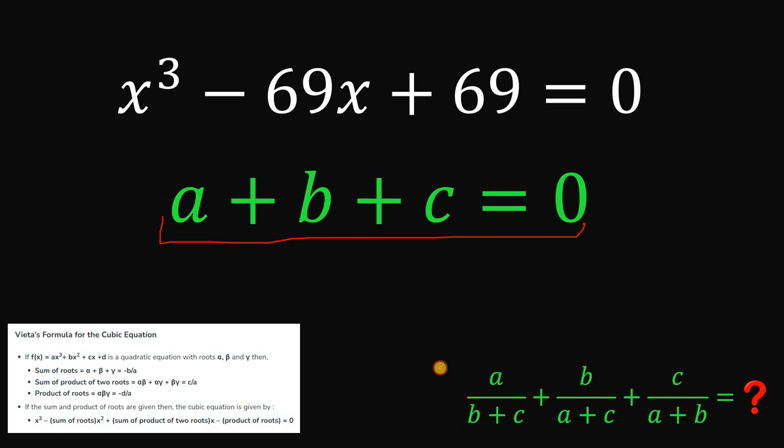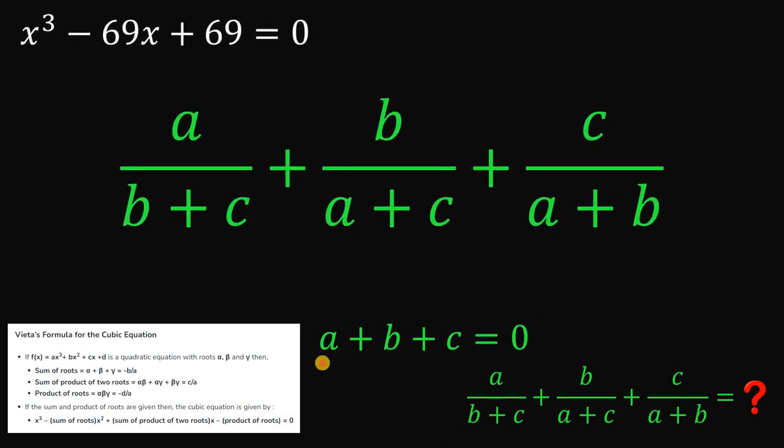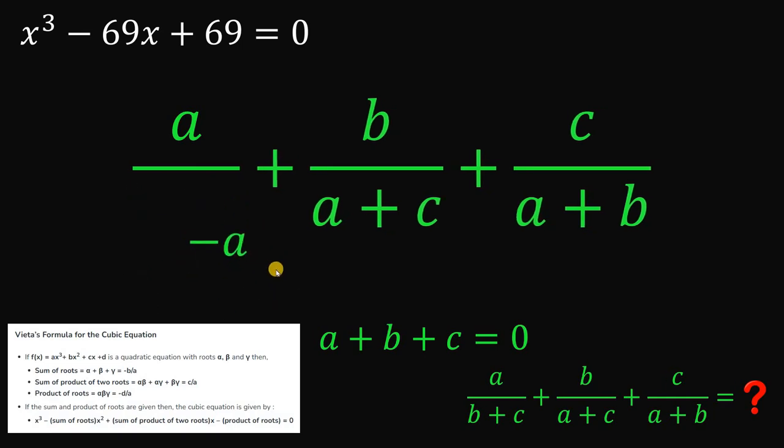Alright, so let's have the expression that we want to evaluate. Now, we know a plus b plus c equals 0, so we get this one. And then let's subtract a on both sides. If we do that, we get the value of b plus c must be equal to negative a. So we can replace this b plus c with negative a.